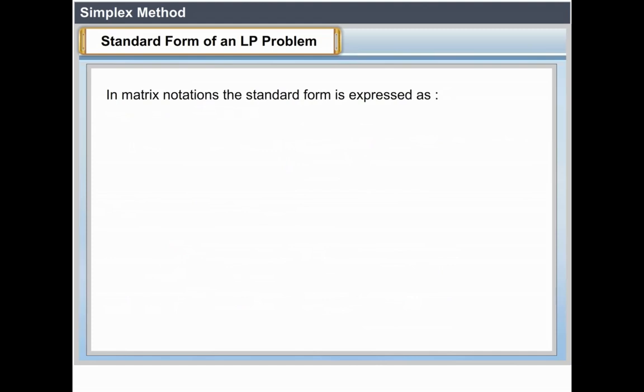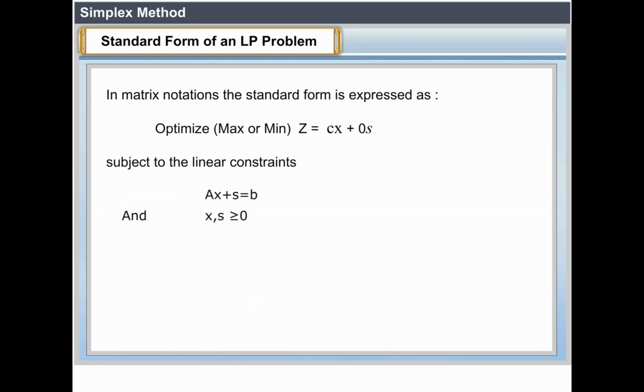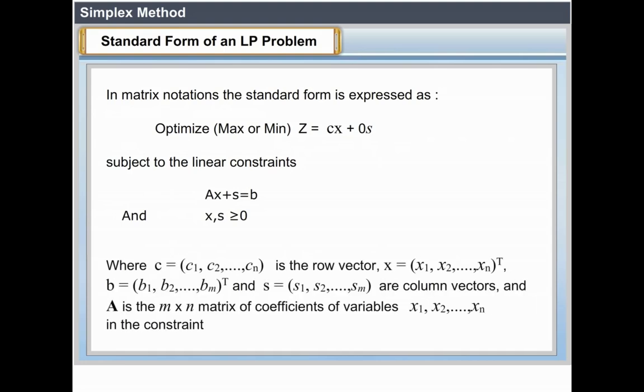In matrix notations, the standard form is expressed as optimize, maximize or minimize, z equal to cx plus 0s, subject to the linear constraints ax plus s equal to b and x, s greater than or equal to 0, where c equal to c1, c2, c3, etc, cn is a vector, x equal to x1, x2, x3, etc, xn whole power t, b equal to b1, b2, b3, etc, bm, and s equal to s1, s2, etc, sm are column vectors.